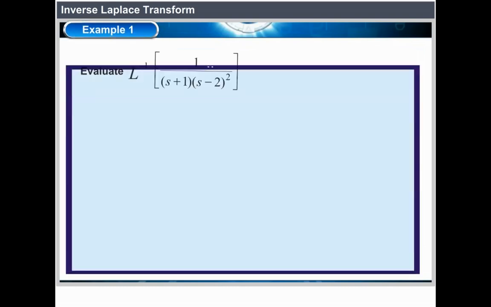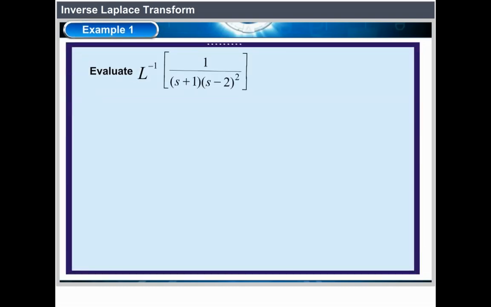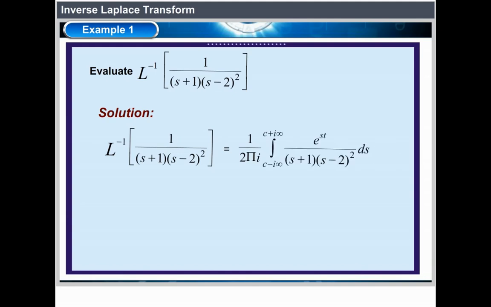Example 1. Evaluate L inverse of 1 divided by (s plus 1)(s minus 2) the whole square. Solution. L inverse of 1 divided by (s plus 1)(s minus 2)² equals 1 divided by 2πi integral from c minus i∞ to c plus i∞ of e^(st) divided by (s plus 1)(s minus 2)² ds, which equals the sum of the residues.